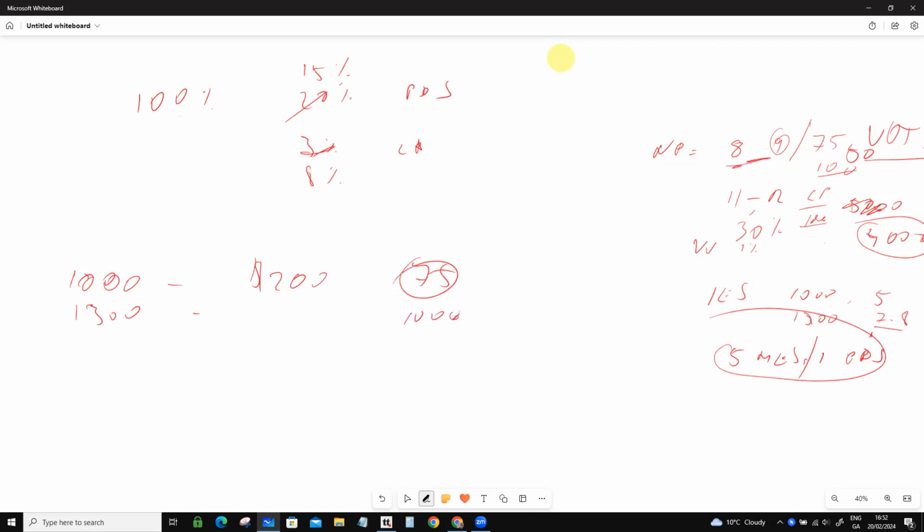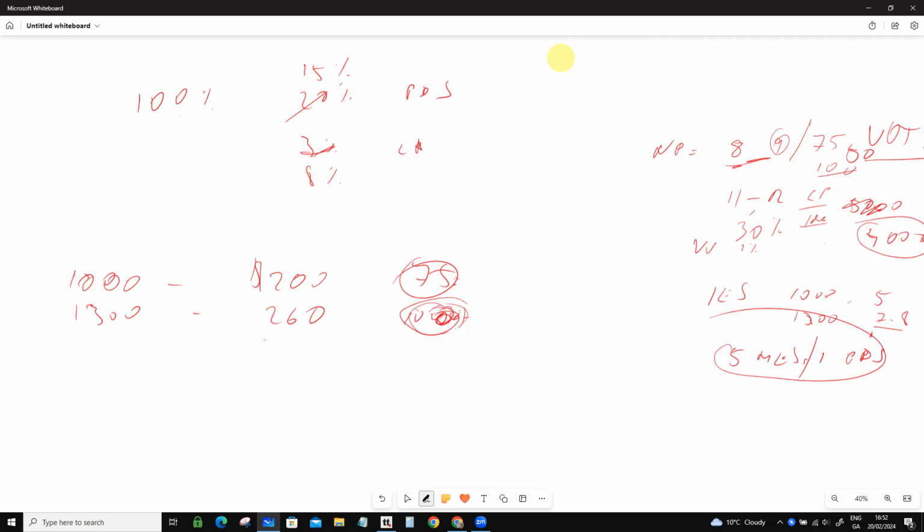This put debit spread is more expensive because it's wider. I want you to keep in mind that we're not making this wider for no reason.